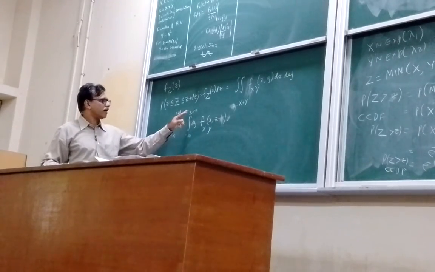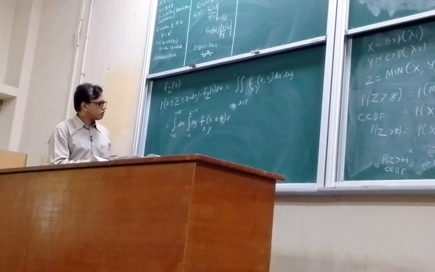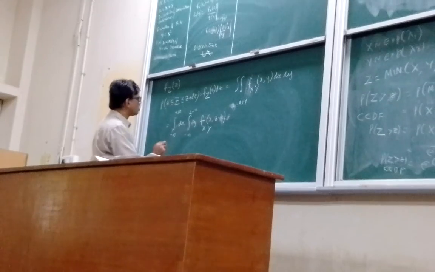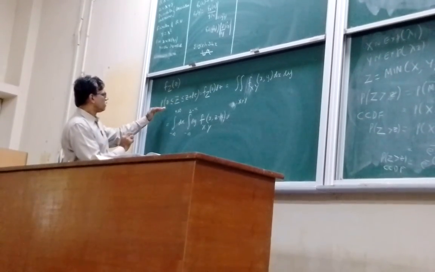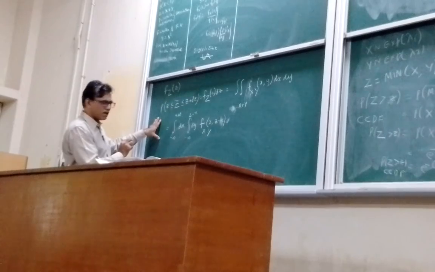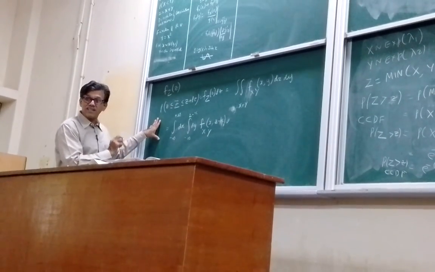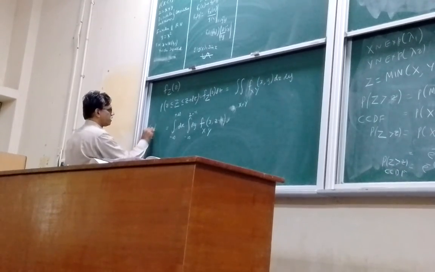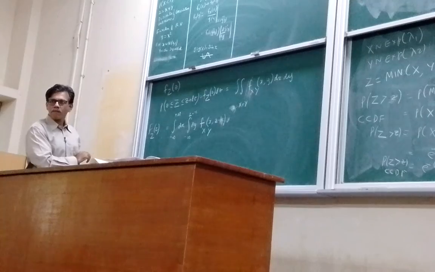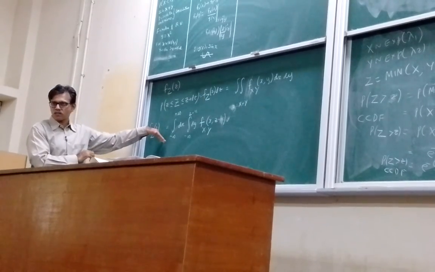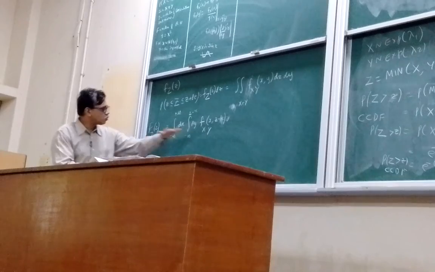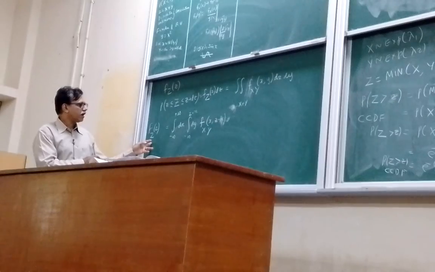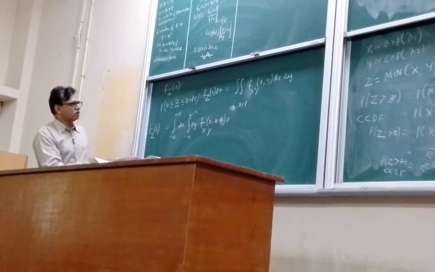This is not the function, this is for f z of z, because we are integrating the density function in x and y, then you will get the cumulative distribution function of z. So this is how you can get it.